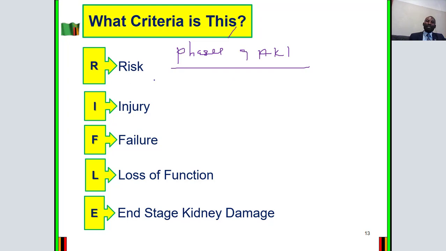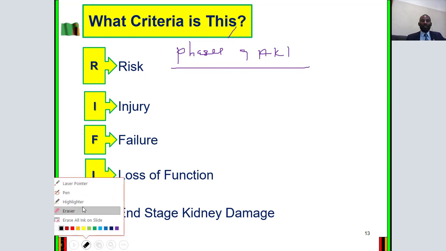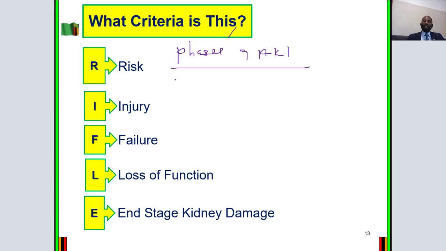There are 4 phases of acute kidney injury, which is very important to take note. So phase number 1 is called initiation.